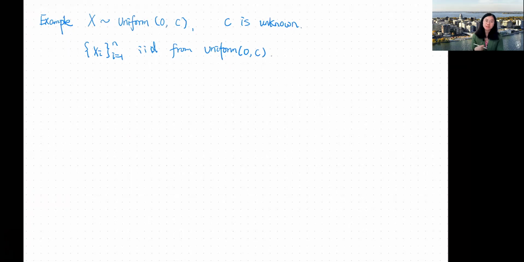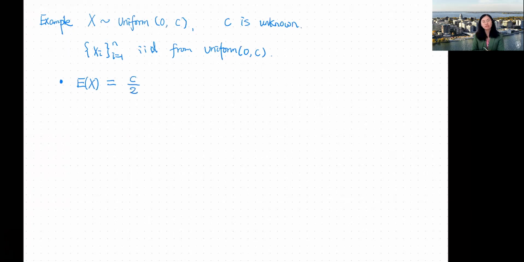How do you use this sample to estimate C? There are many different ways to do this. One possible way is to use this equation. For uniform distribution, we know the expected value of X equals the midpoint of the interval, which in this case is C over 2.